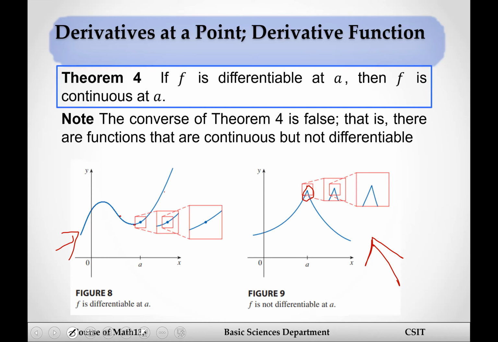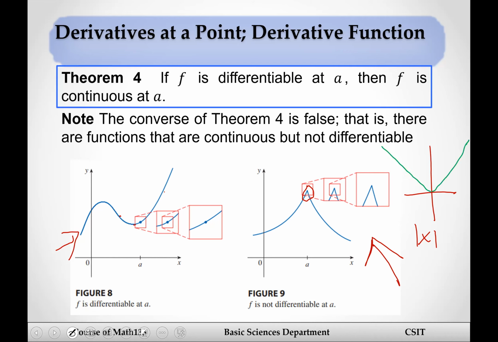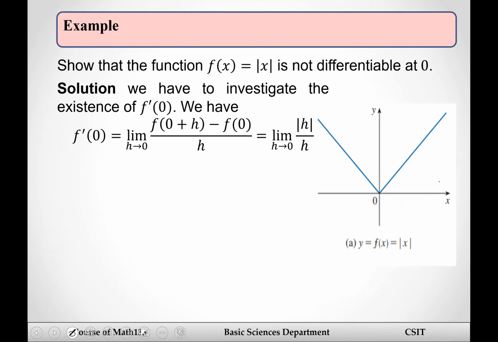Maybe the most common example is the absolute value function, absolute value of x, whose graph is something like that. Okay, so clearly there is a problem at x equal to 0 here. We cannot have the derivative at the point 0. And here is, in fact, the example of absolute value.